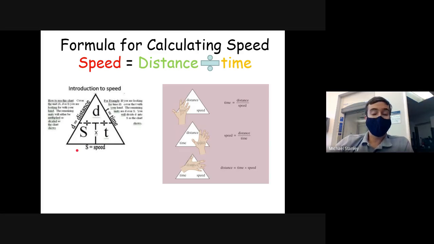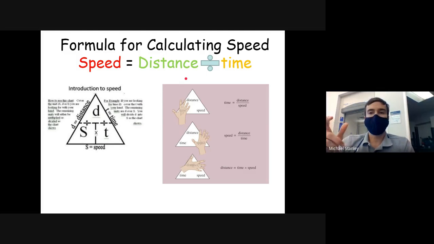The way this works is that you cover up the unit that you're looking for. If you had it on a piece of paper, you could put your hand over it. On a computer screen, you just have to mentally block the unit that you're looking for. And then the chart will tell you what sort of calculation to do.